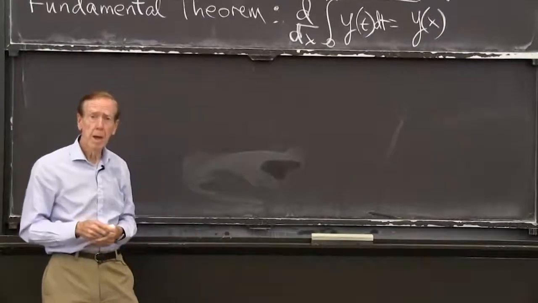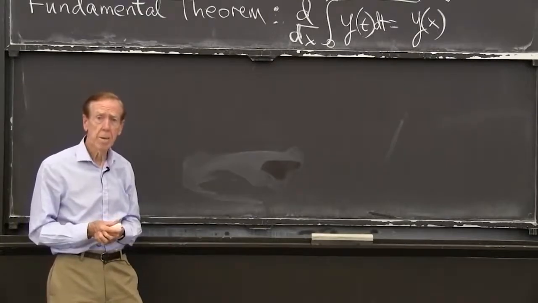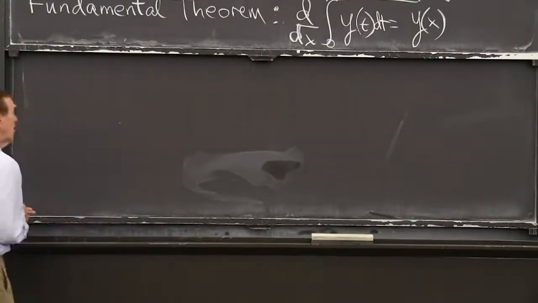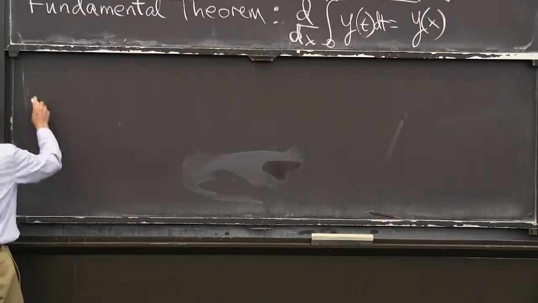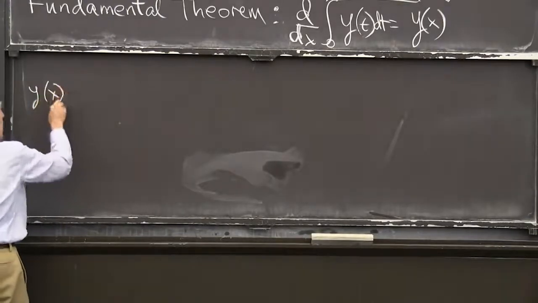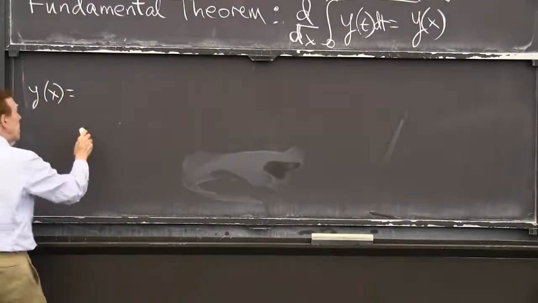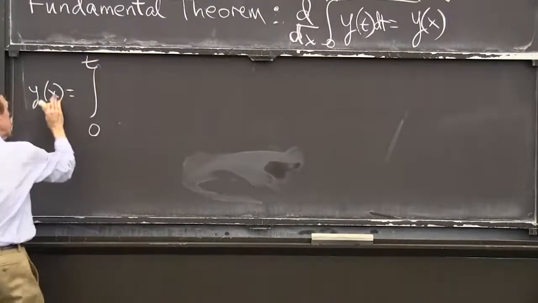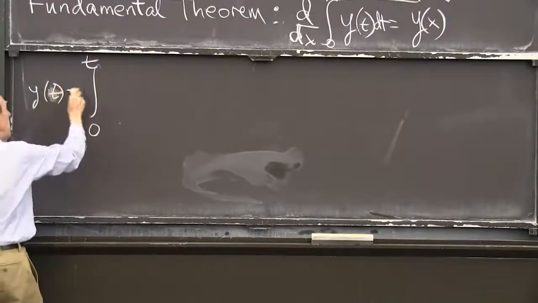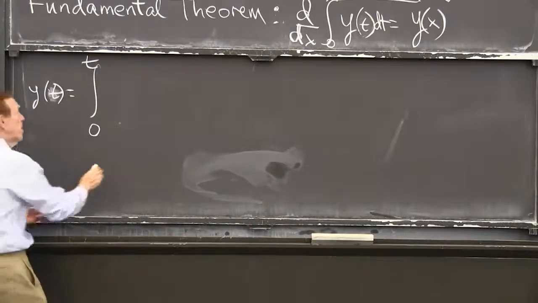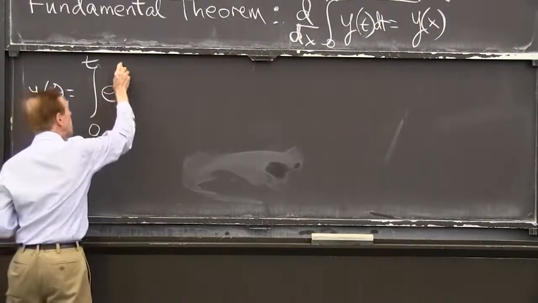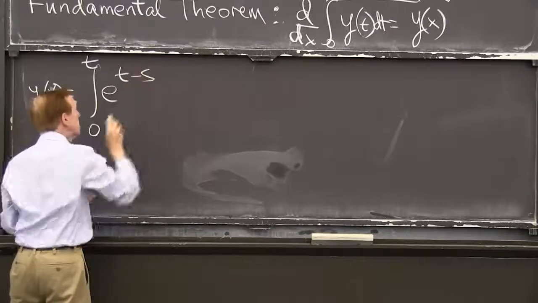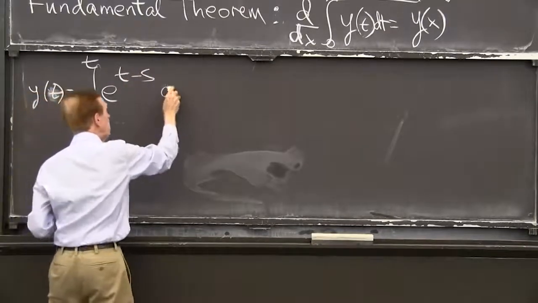example in differential equations. And let me show you the function I have in mind. The function I have in mind, I'll call it y, is the integral from 0 to t. Oh, so it's a function of t then, time. It's the integral of this e to the t minus s, some function.